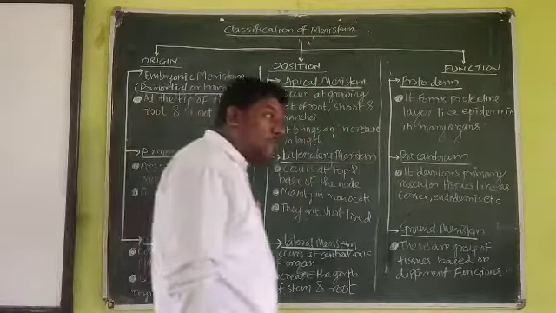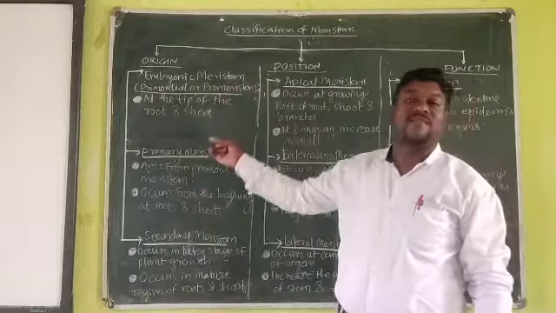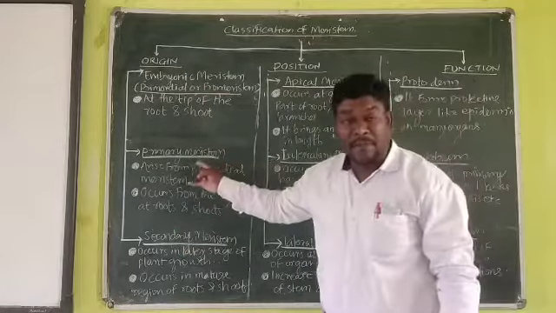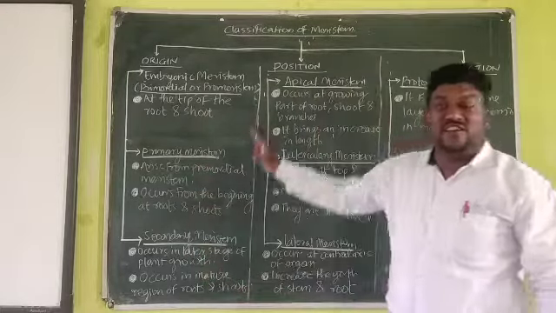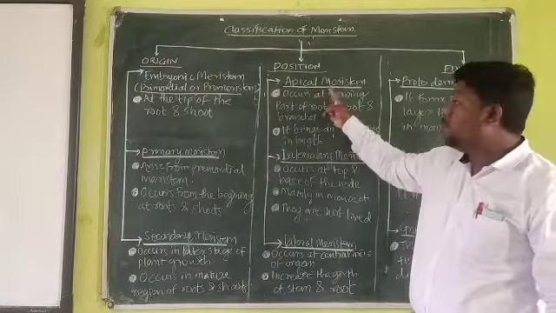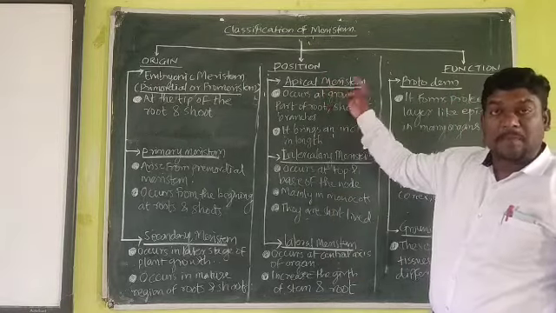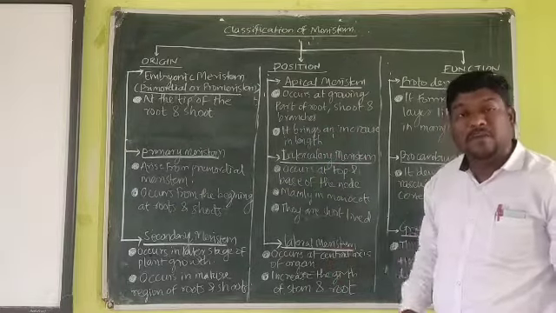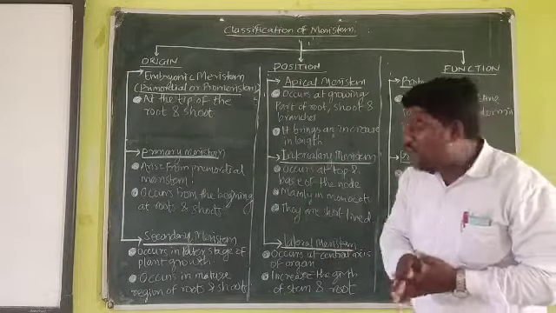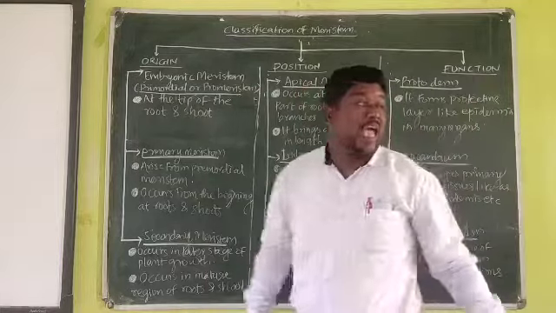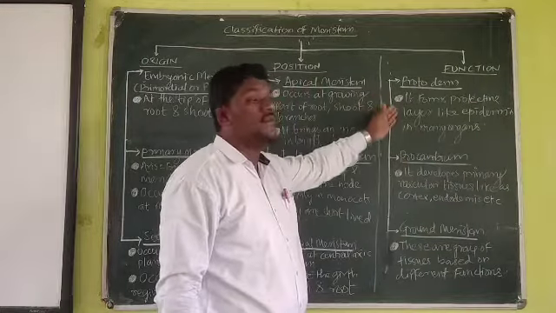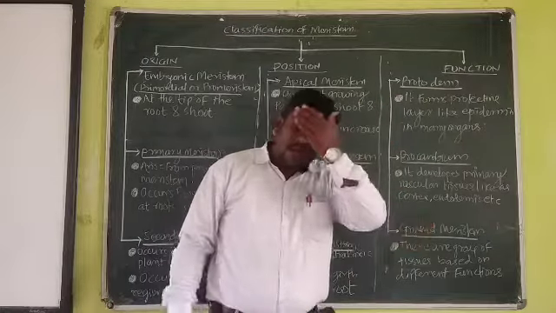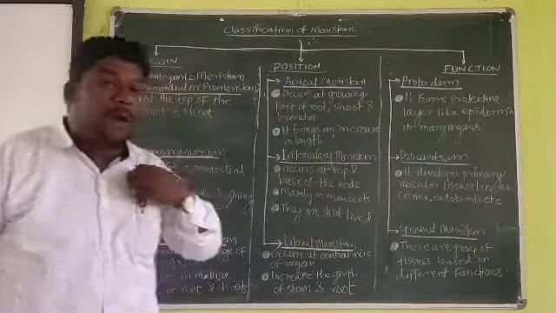Okay, if you think about the origin, it is classified into three stages: embryonic stage, primary stage and secondary stage. It is for origin. If we talk about position, it may be apical at the top, it may be intercalary in between and it may be lateral at the side. Okay, on the basis of function, it is classified into three parts: protoderm, procambium and ground meristem. Okay, so these are the parts.